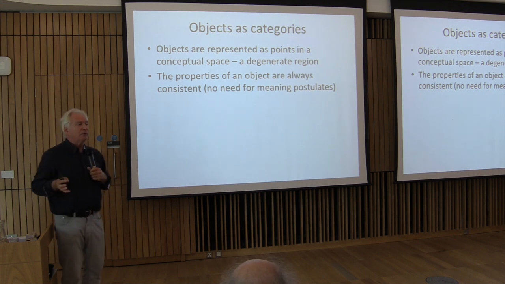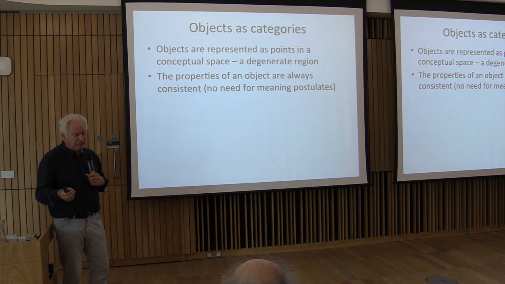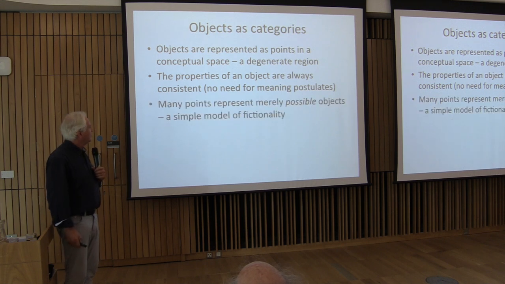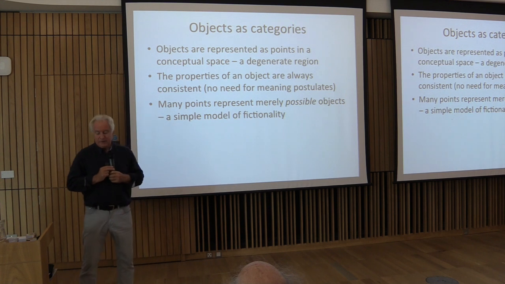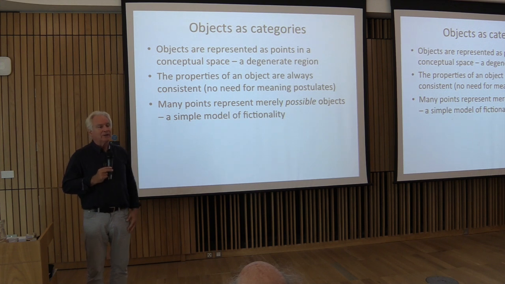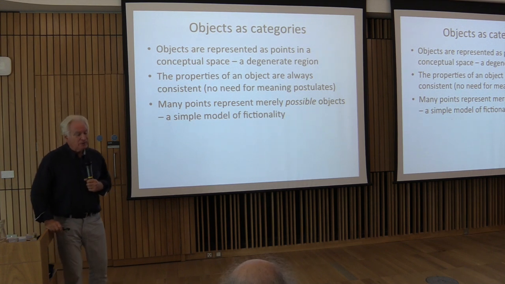You can have a partial description of an object. You don't have to give it a value for all domains, but the partial description may still be sufficient to determine its category if you have picked the most salient dimensions. And another thing about this approach is that there are lots of points in the space that have no correspondence in reality. I have no good example here, a unicorn.